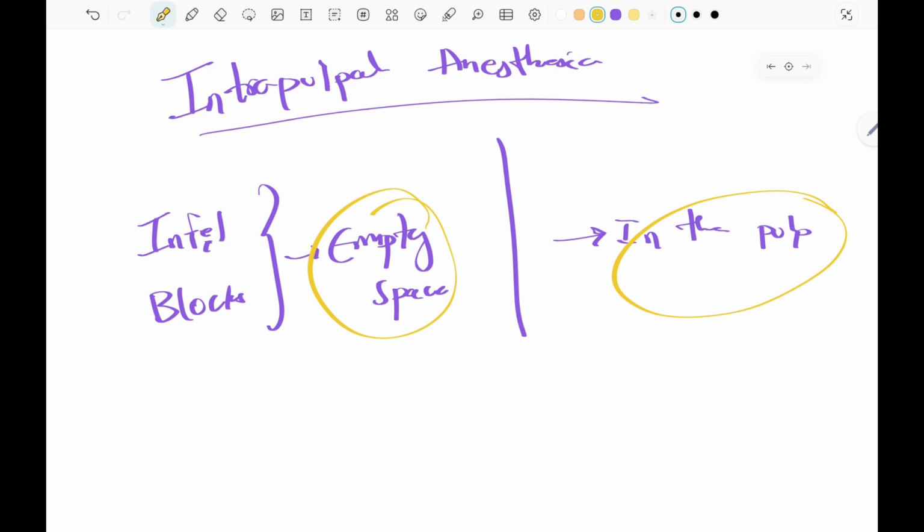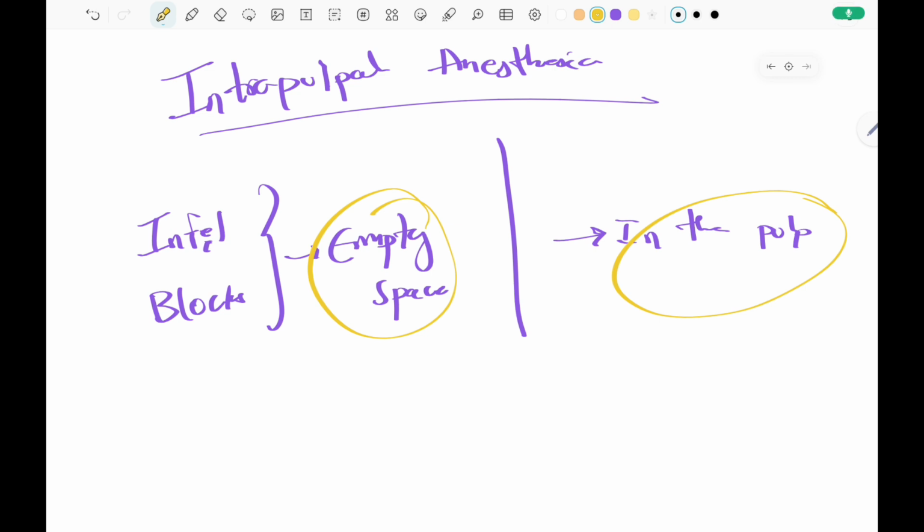So that's why intrapulpals are very good alternatives for failing or hot tooth cases. So make sure you use intrapulpal anesthesia whenever required. Do not be scared of intrapulpal anesthesia. It is a really good means of anesthesia in hot tooth cases.